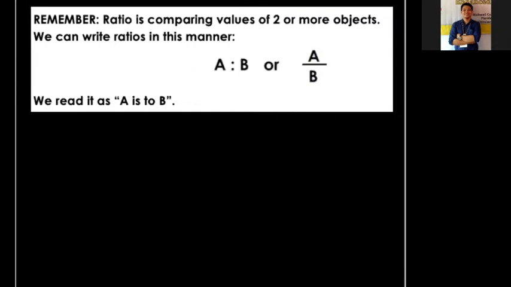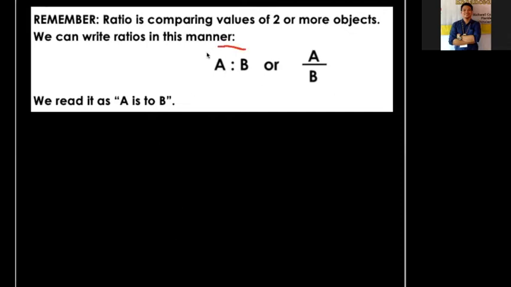Ratio is comparing values of two or more objects. And there are ways wherein we can write ratio. We can write ratio using a colon or using a fraction.